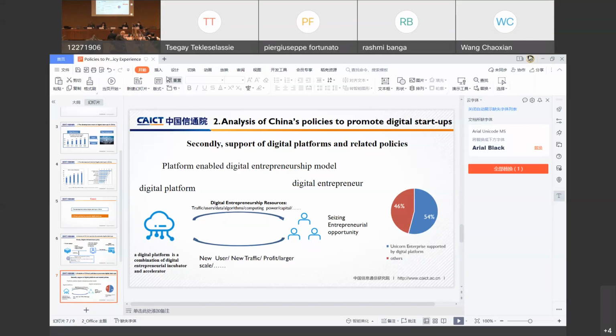In recent years, China has also been accelerating its efforts to build a more open and fairer competitive platform economy system in order to better facilitate the next round of the boom of digital entrepreneurship.